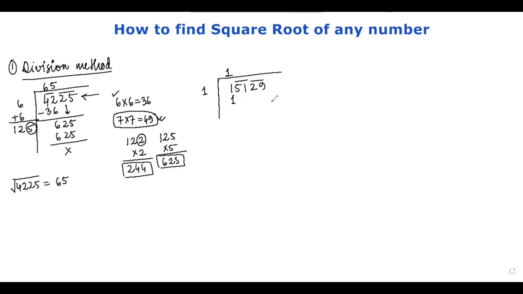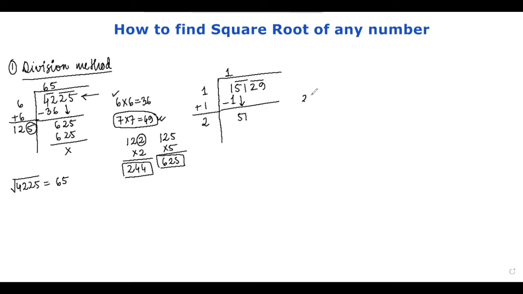So we'll get 1 here, we'll subtract inside and add outside, so we'll get 2 as our next divisor, and here the 51 will come down. Now we'll have to add a digit here. So what can we add?